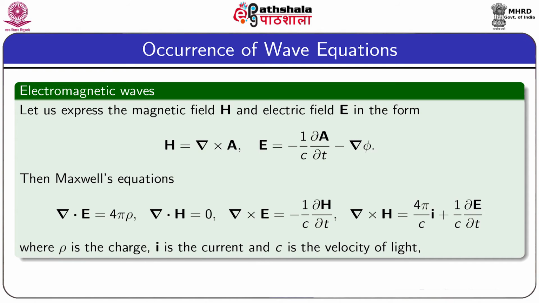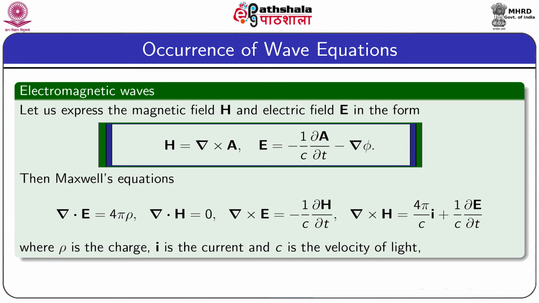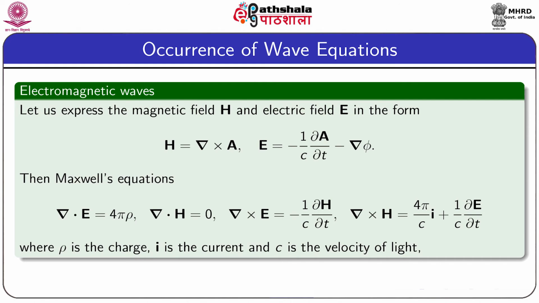Now, I shall discuss how the wave equation can arise in an electromagnetic problem. Let us express the magnetic field H and the electric field E in the form H as curl of some vector A and E equals minus 1/c ∂A/∂t minus grad of phi.